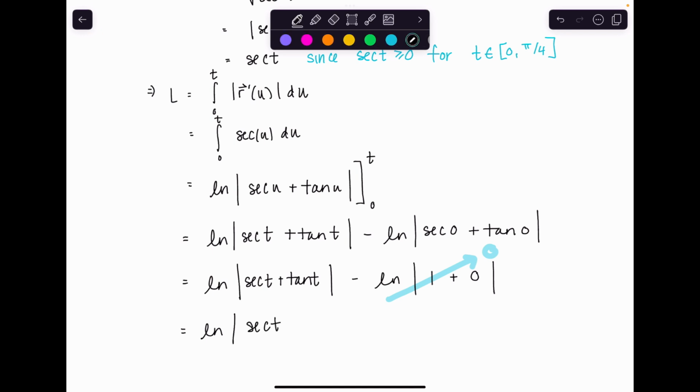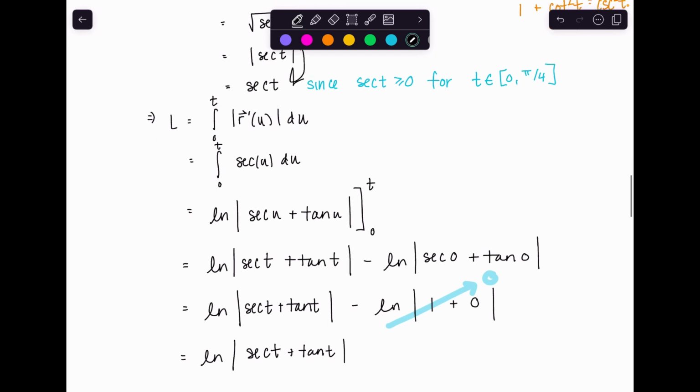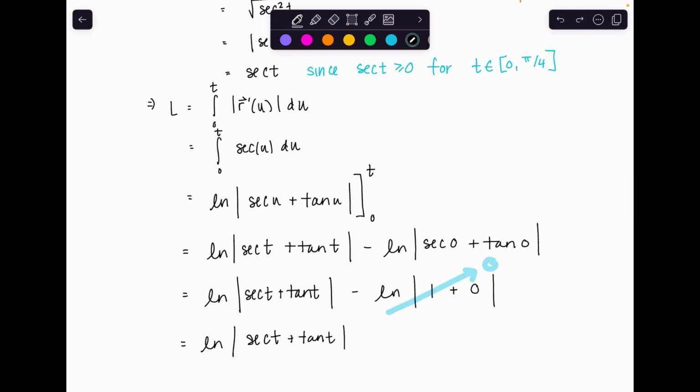The arc length function would be natural log of secant of t plus tangent of t. The only thing is I might have to restrict this from 0 to pi over 2 for my ending value, because after that, remember, it would make some problems here. So this would give me the arc length of this curve for any value between 0 and pi over 2.